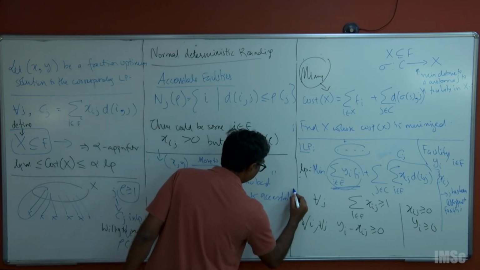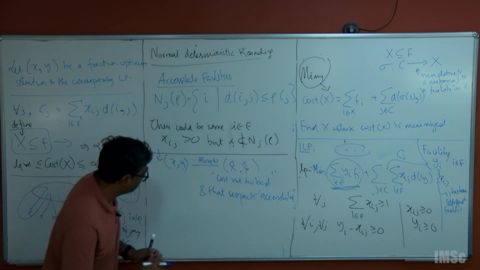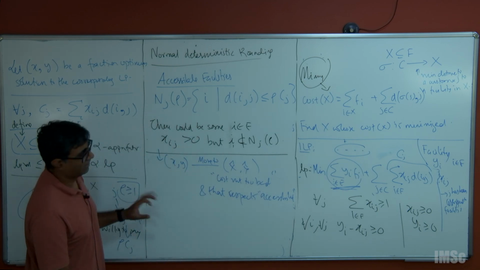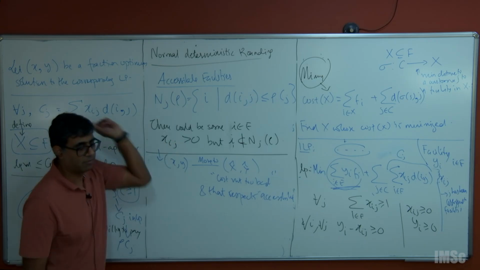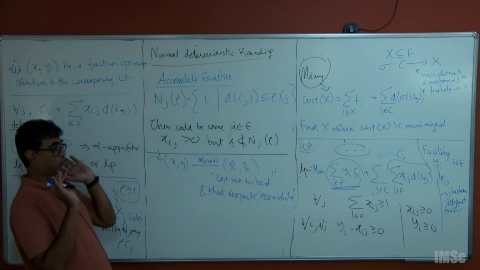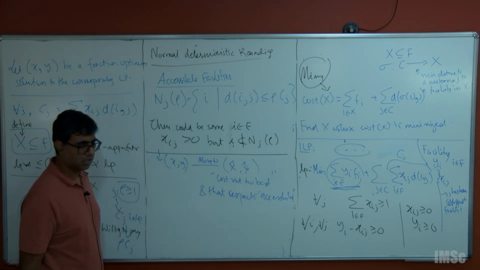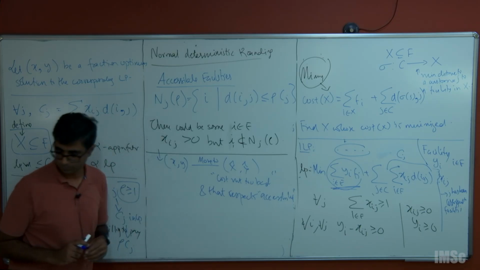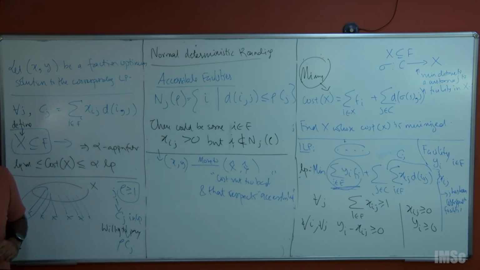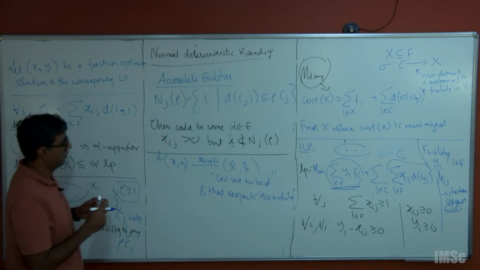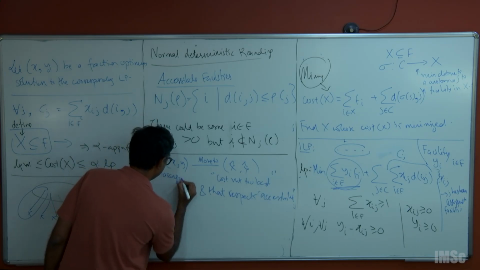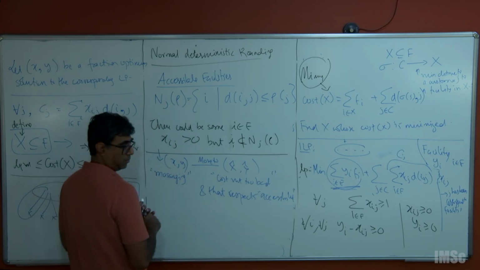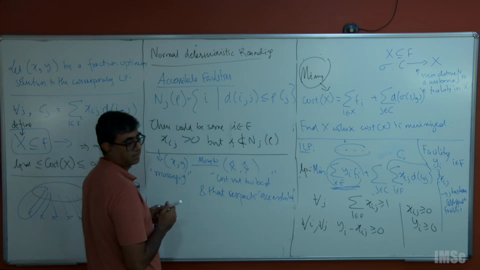What I mean by accessibility is that in x hat, for those j which do not belong here, I will assign 0. It means those do not contribute to this. And it will not be too much, don't worry. How do I do this? Basically we are massaging this solution to get to x hat and y hat.